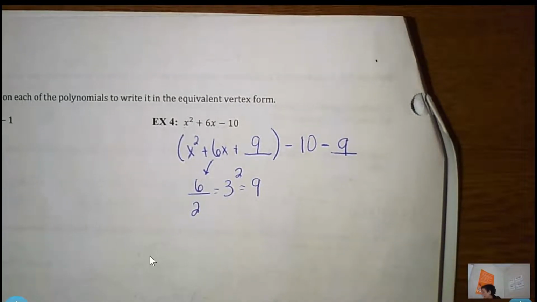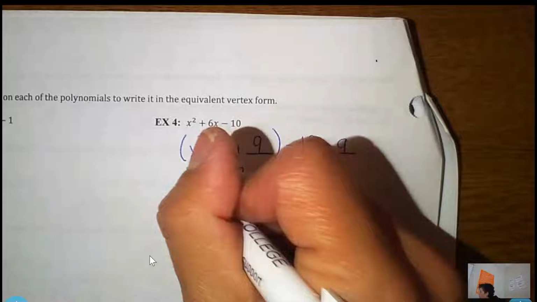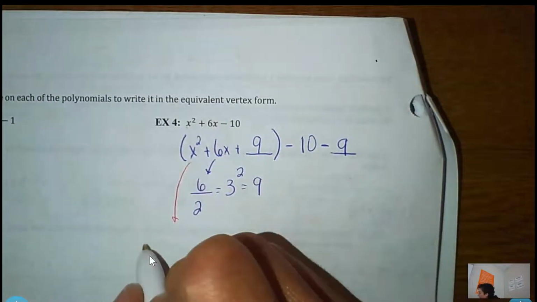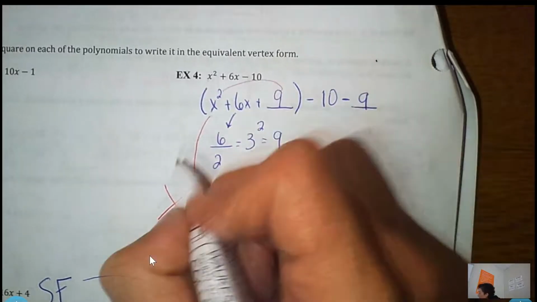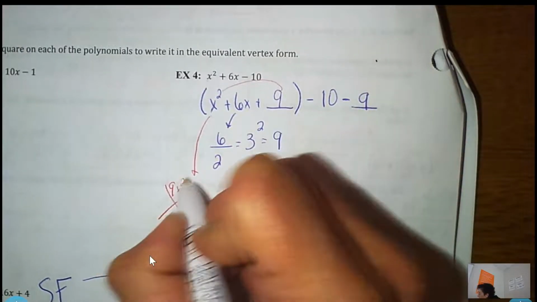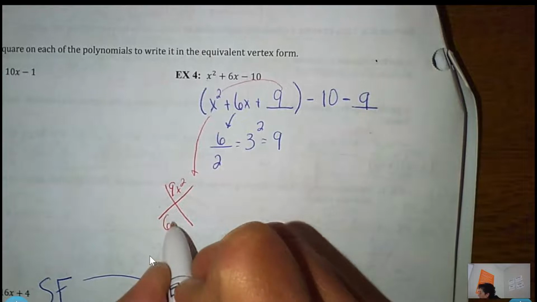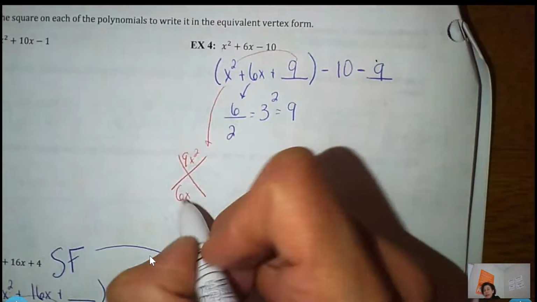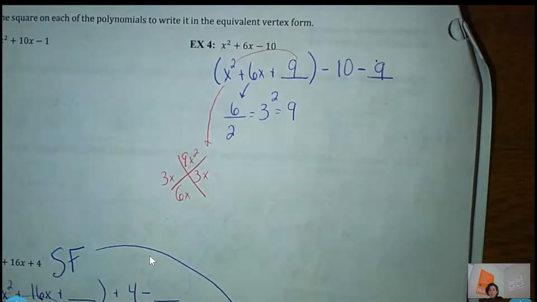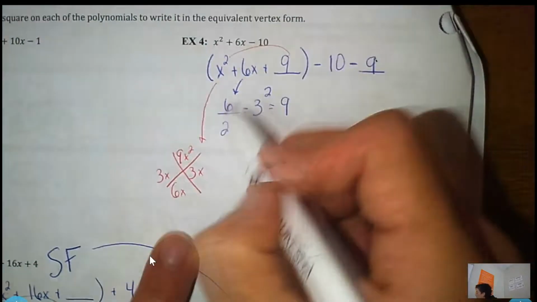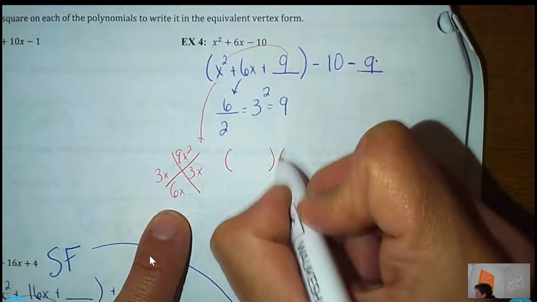So this is the part that I want to show you. So one more time to factor. If I did take time to factor this trinomial, so I'd have 9x squared and 6x in the bottom, and the factors of 9 that add up to 6 are 3 and 3. And then I would work on the neighbors of the factors that get me there.